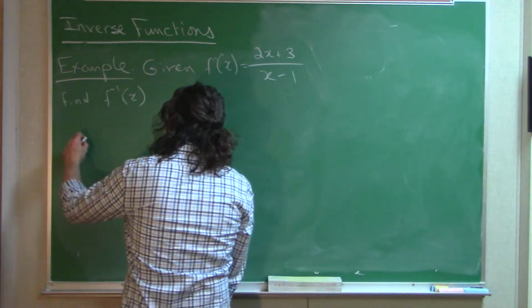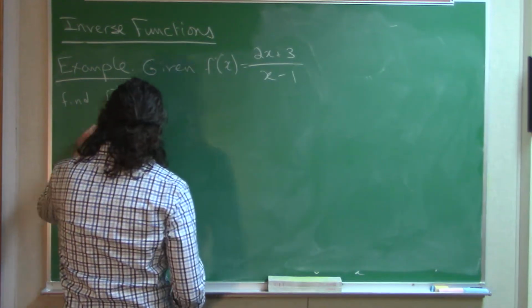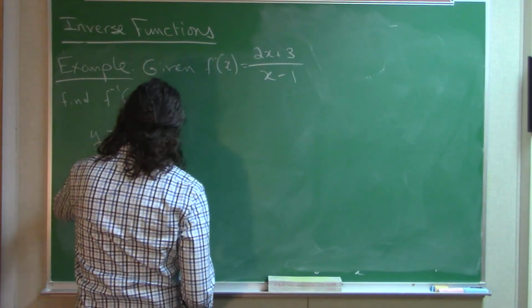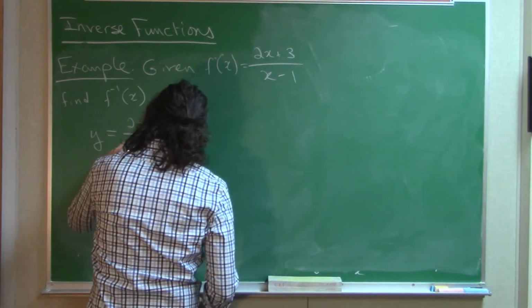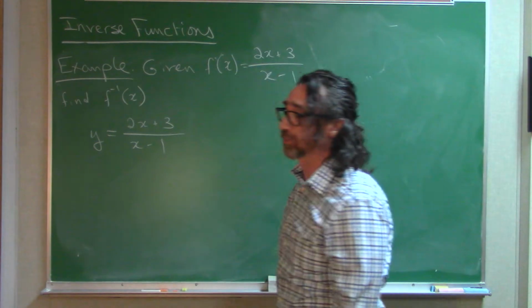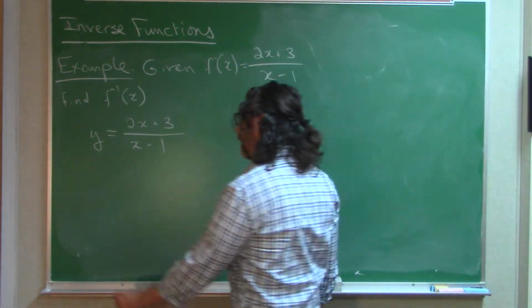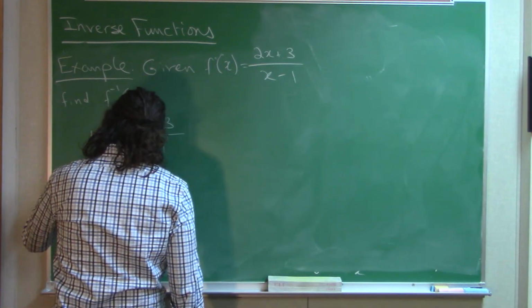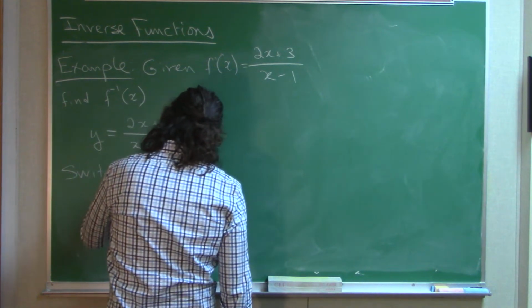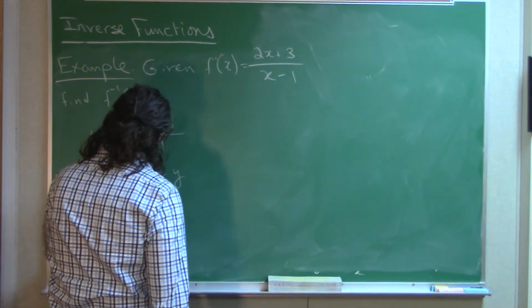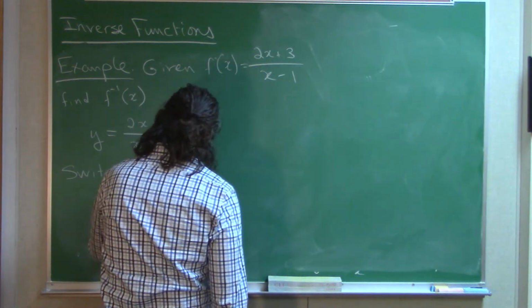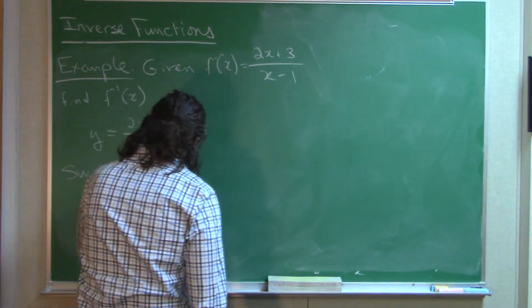Okay, so here's what we do. Start like this. y equals 2x plus 3 over x minus 1. Switch x and y. Switch them. x equals 2y plus 3 over y minus 1.